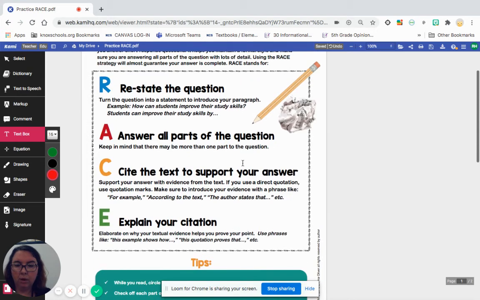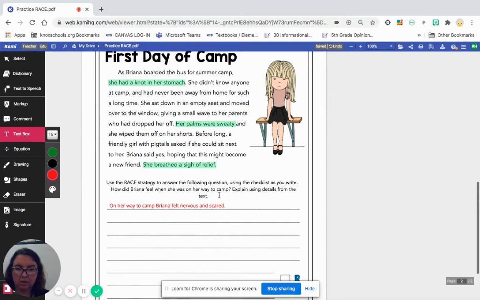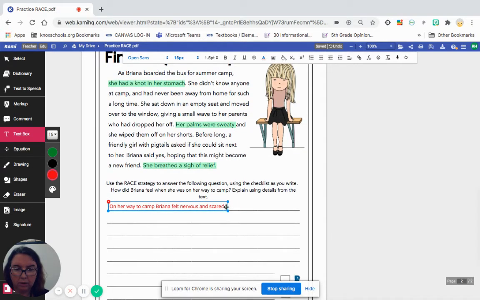Then I don't quite remember what my C is. Okay, my C is cite evidence to support your answer. So I'm going to use the according to the text sentence starter. I can keep going with that one text box. I like to remember to make a little space after every period so that my sentences don't look all smushed together.